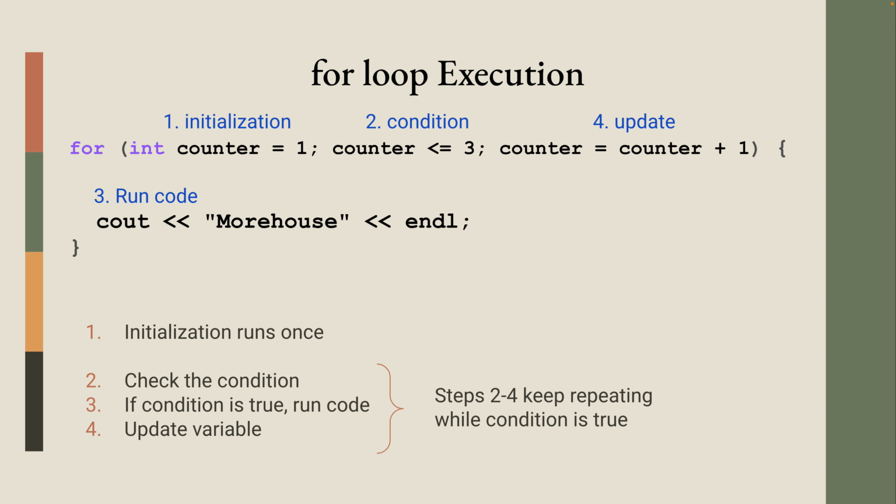Even number equals 0, even number is less than or equal to 20, even number equals even number plus, and then see how.